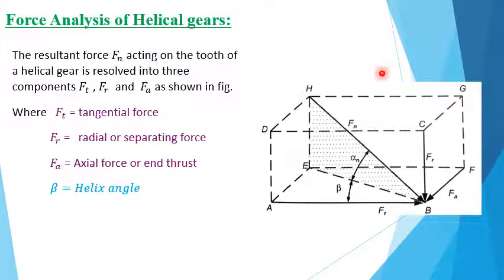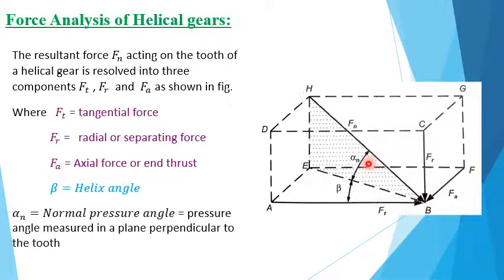We have beta, which is nothing but the helix angle. From here, this is the normal plane, so the pressure angle in this normal plane is denoted by alpha n, that is the normal pressure angle, and this particular inclination is beta.